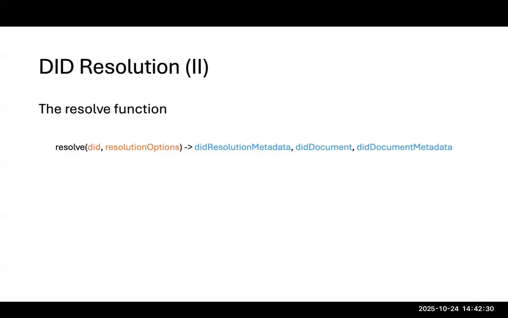Just to recap, the resolve requires two inputs: the DID, that is the entry for the resolver to interact with the VDR and retrieve the associated DID documents, and some options. And we receive back DID resolution metadata, of course the DID documents, and some more metadata that are associated to the DID documents.